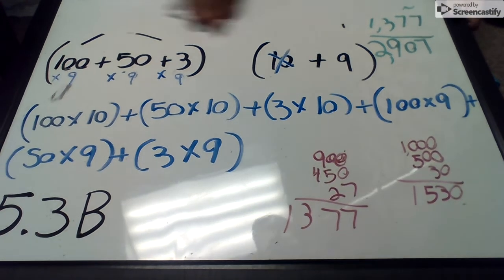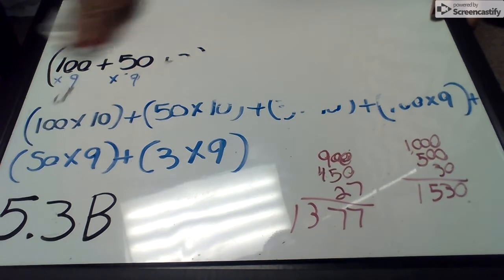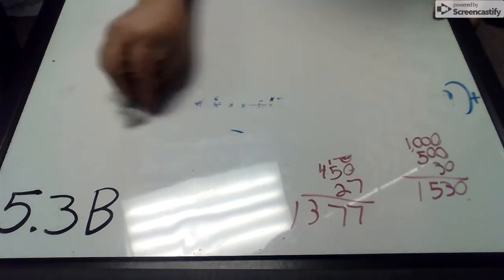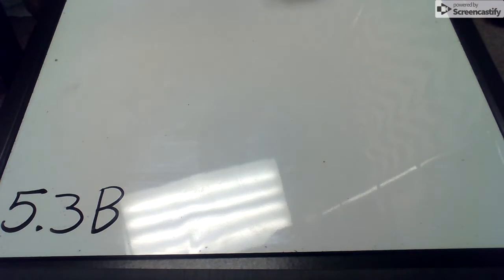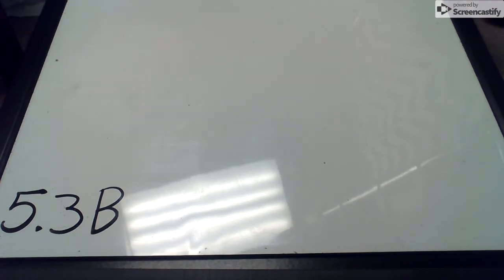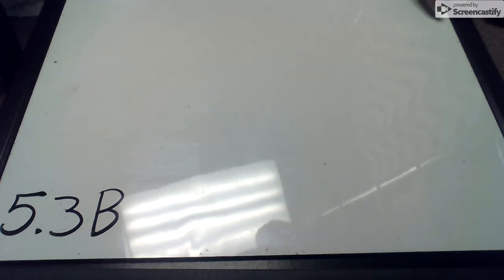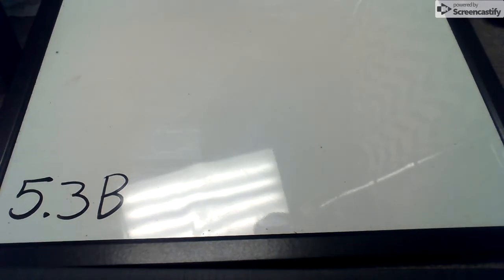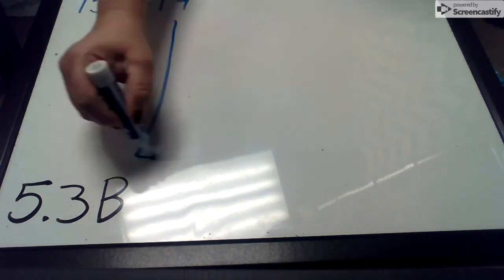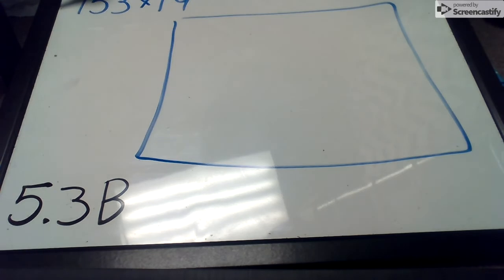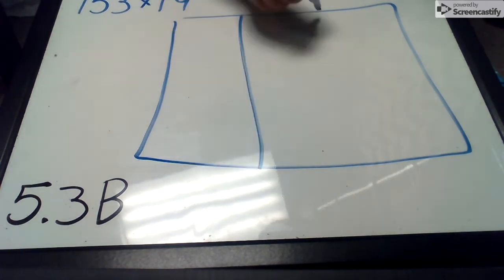Area model, which is also a partial product, and which is distributive property in a more organized fashion. It's the same thing as distributive property, just an easier-on-the-eyes method. So if it was 153 times 19, this is a box that is cut into threes this way.